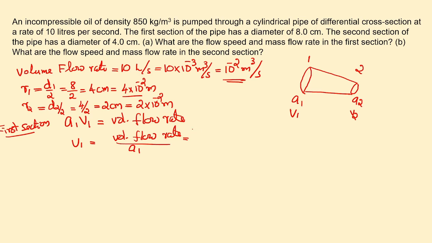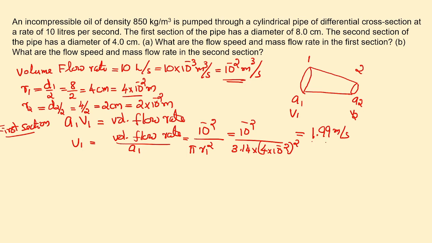Pi R1 square. So V1 is equal to 10 raised to negative 2 all divided by 3.14 into 4 into 10 raised to negative 2 square. After the calculation, you can see that the velocity at the first section is 1.99 meter per second.